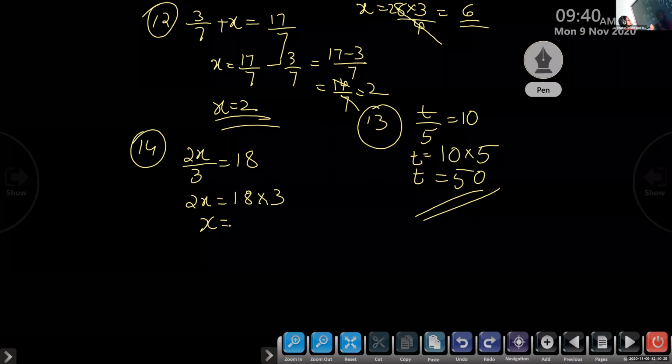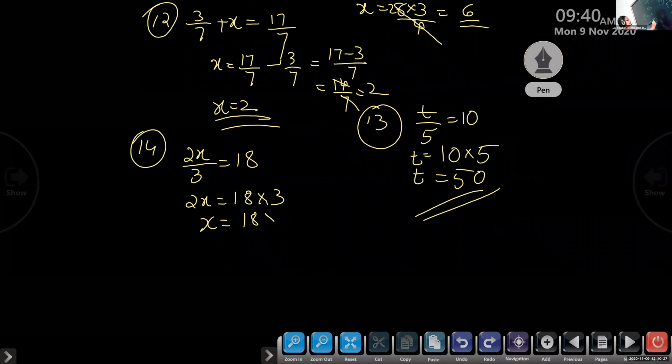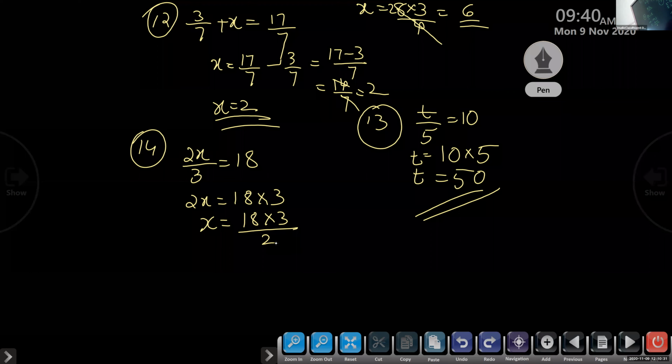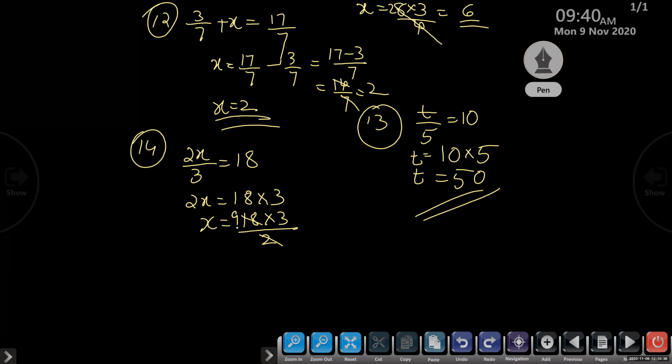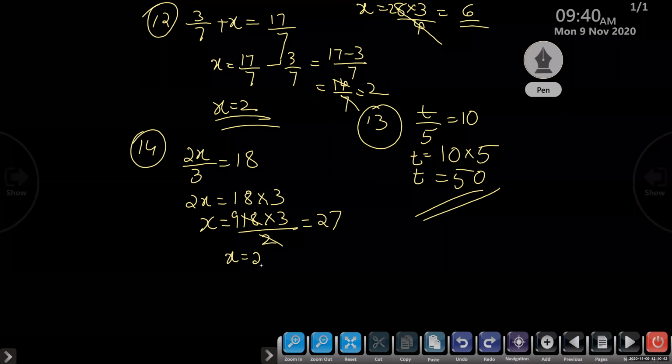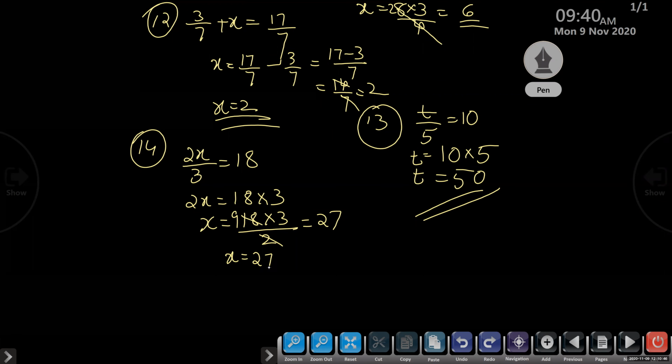So, x equal to what? 18 into 3 by 2, because 2 will go to the denominator. Here we can cancel. So, x equal to 27. 9 twos are 18. 9 into 3, 27.